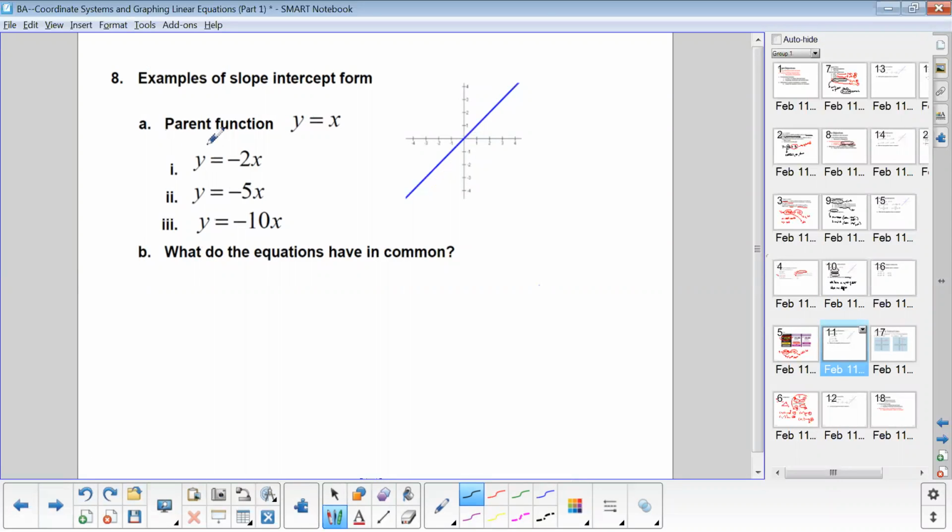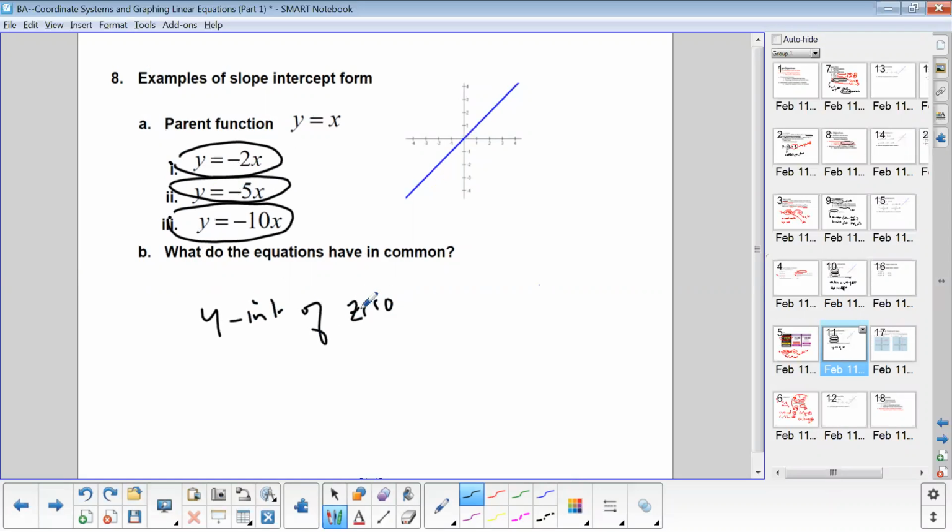Notice with these three, what do they all have in common? And you guessed it, it's the y-intercept of 0. They all will pass through the origin just like the parent function, except there's one difference amongst all of these, and you see it, there's a negative coefficient.